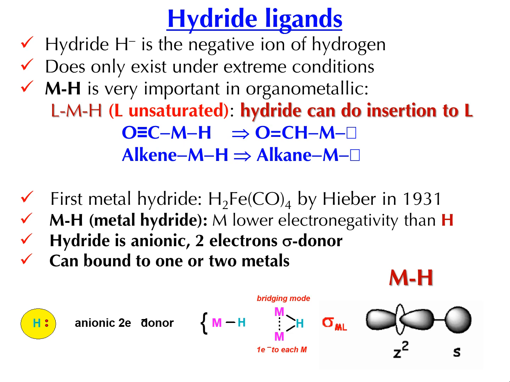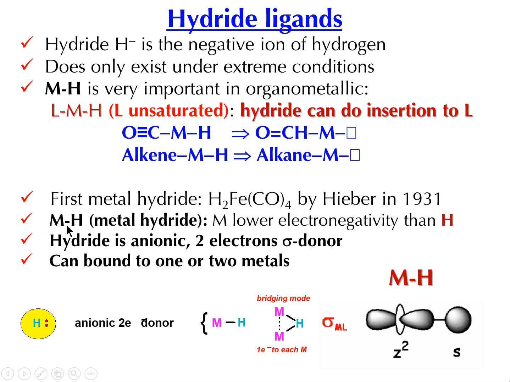In 1931, Hieber prepared H2Fe(CO)4, which was the first metal hydride complex. To study the bond M-H, the electrons of hydrides are donated to M, and M has lower electronegativity than hydrogen.